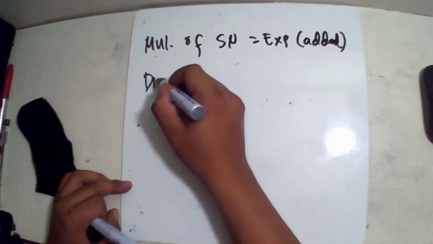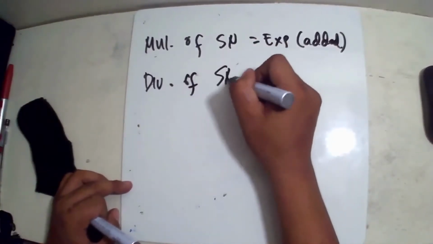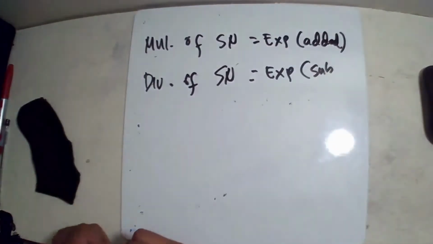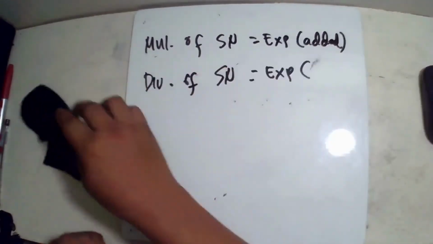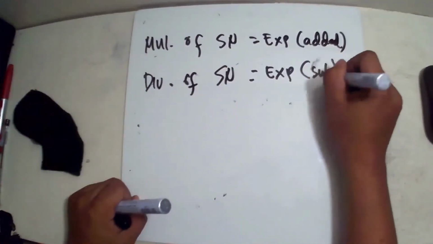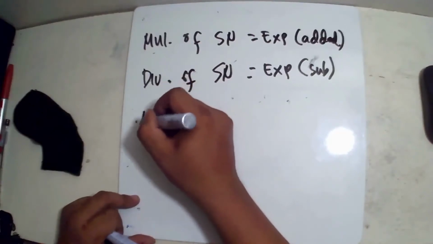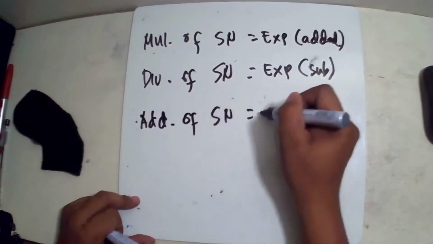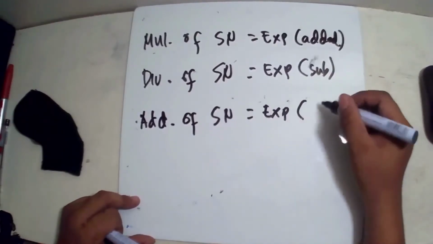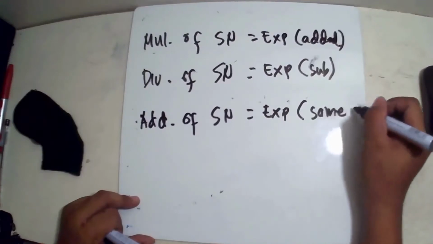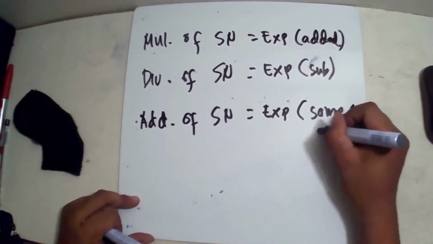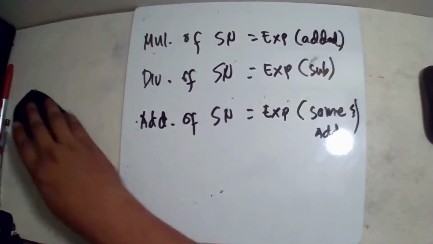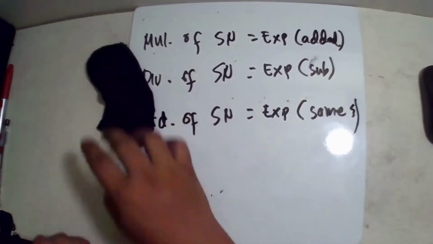For division of scientific notation, exponents must be subtracted. And for addition of scientific notation, the exponents should be the same, and you copy the exponent, not add it.